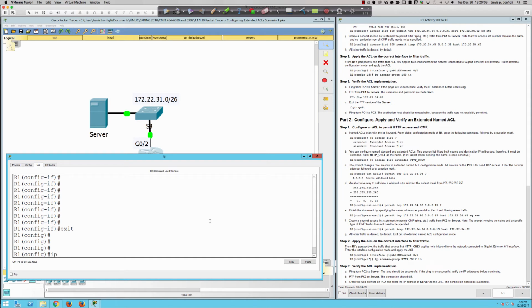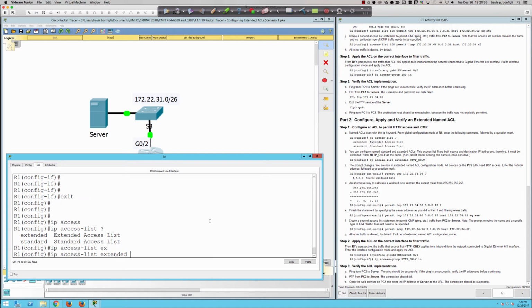So in order to get the named ACL, we want to start with IP access list. And again, I have to differentiate between standard and extended, because I can have a named standard ACL just as easily as I can have a named extended ACL. So I have to say, what kind of a named ACL is this going to be?